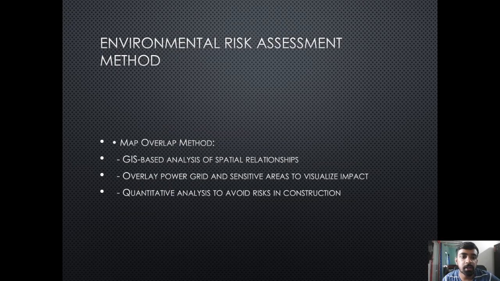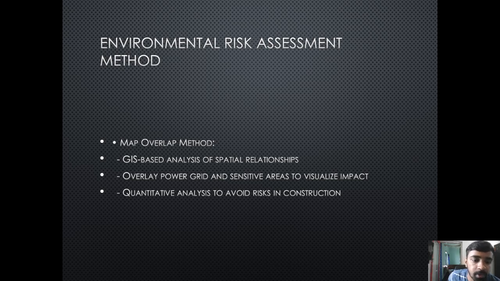The environmental risk assessment method. Another method is the map overlay method. This is a GIS based analysis of a spatial relationship, overlay power grid and sensitive areas to visualize impact, and the quantitative analysis to avoid the risk in the construction.